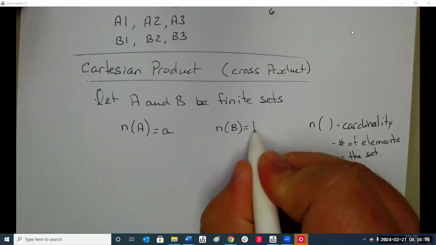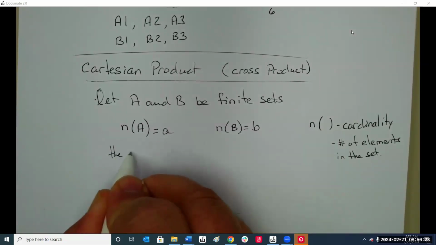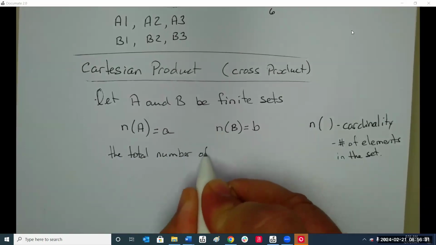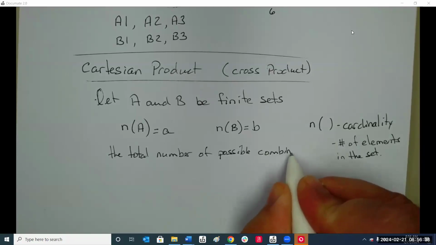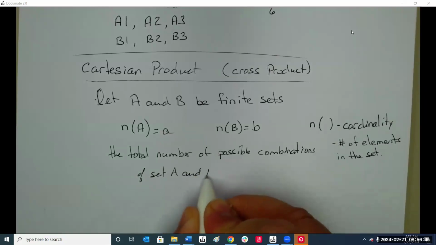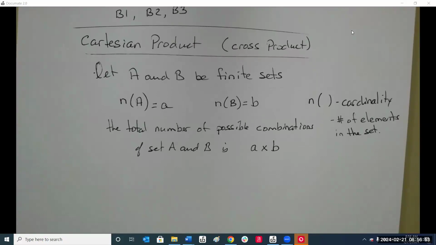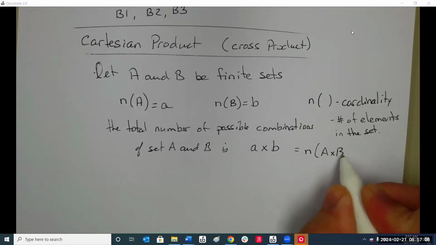The cardinality of set B is a little b. The total number of possible combinations of set A and B is denoted by that, which is the same thing as saying the total number of the cross of those.